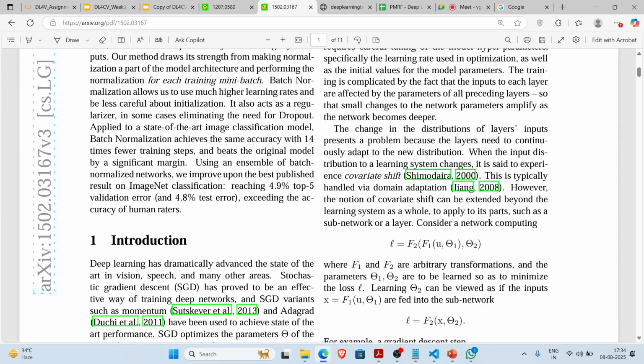So the distributional shift is called the covariate shift. Okay, that is what they explain. But the covariate shift can happen to each layer as well, as I explained, not just to the input data. Okay, so consider the layer is there.